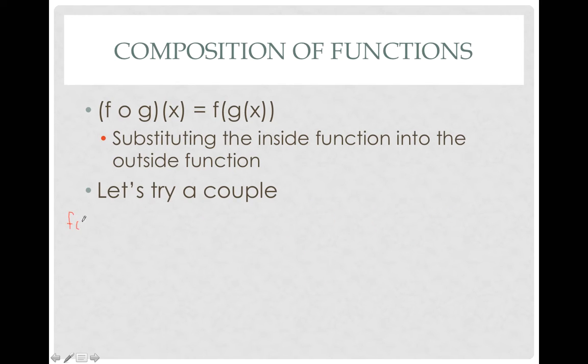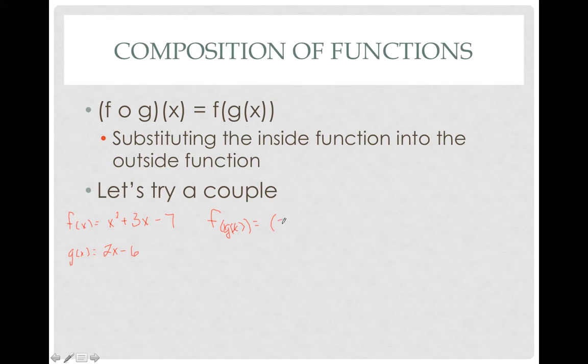What if I was to say f of x is equal to x squared plus 3x minus 7, and g of x is equal to 2x minus 6? Well, let's see what f of g of x is going to do. f of g of x says take the entire g of x function and plug it in place of all of the x's. g of x is 2x minus 6, so I need to square that.